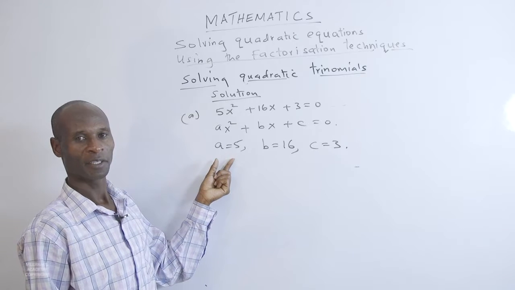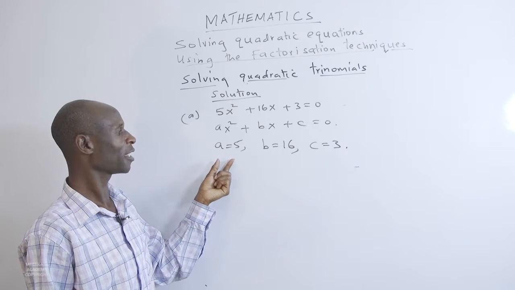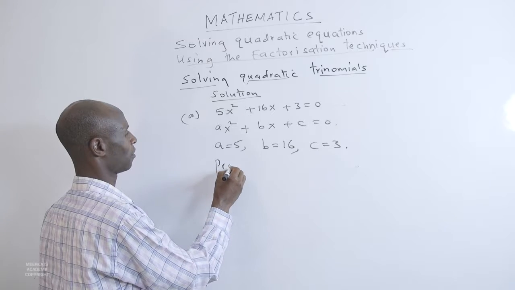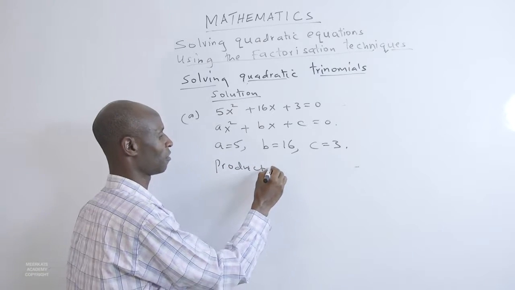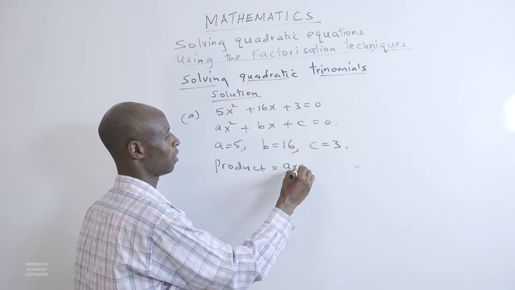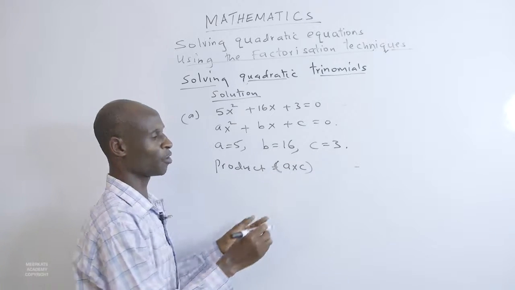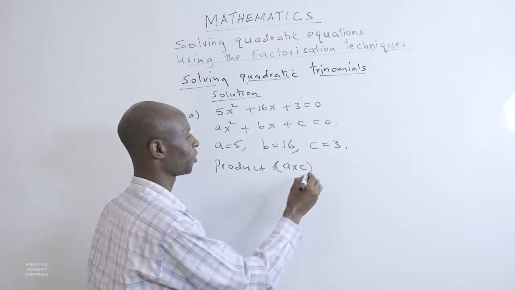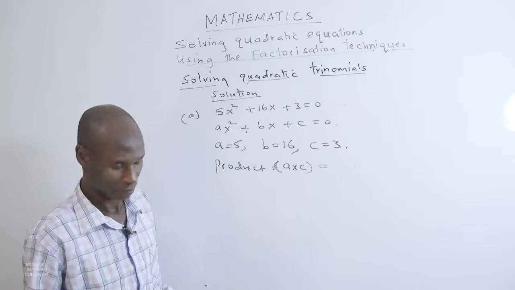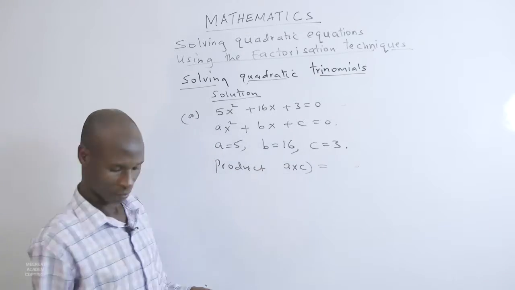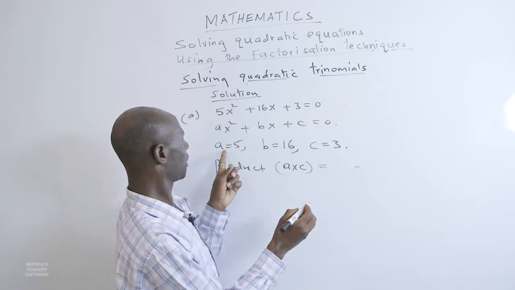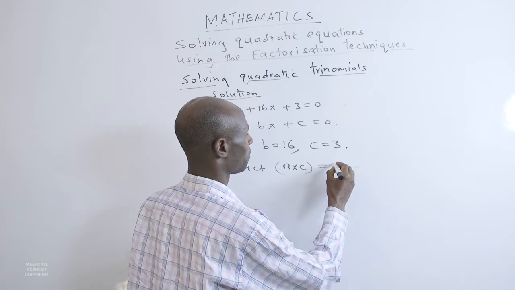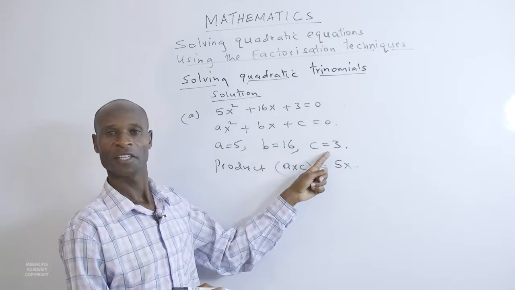Having done that, we now get the factors of the product of a and c, where a is 5 and c is 3.